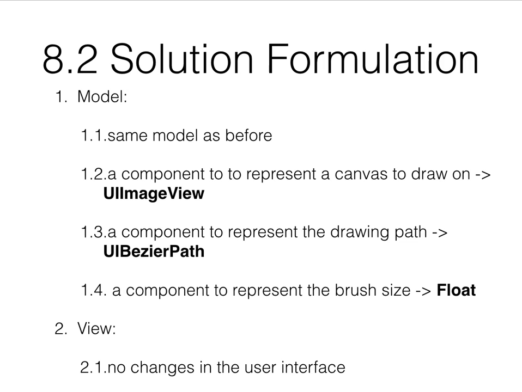In the digital world, when we touch the screen or touch on the image view, we are selecting a point. And as we drag over the screen, that point changes. So if I keep track of the points of the touch, the location of the touch on the screen, I can construct a path, connect the points of that path, and come up with the painting that I wanted to paint.